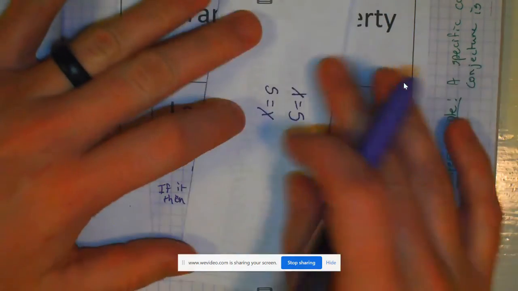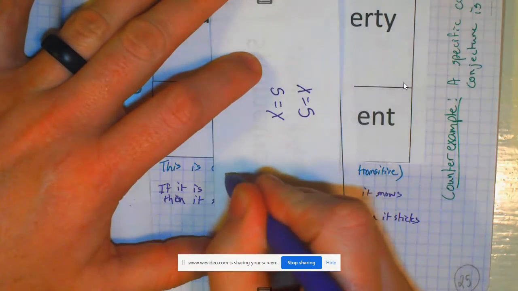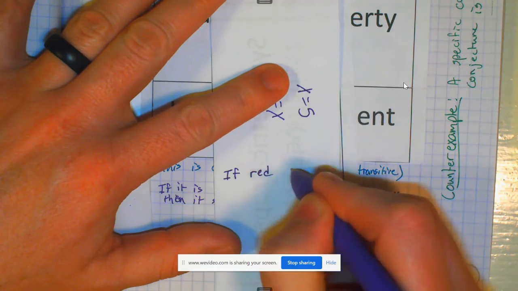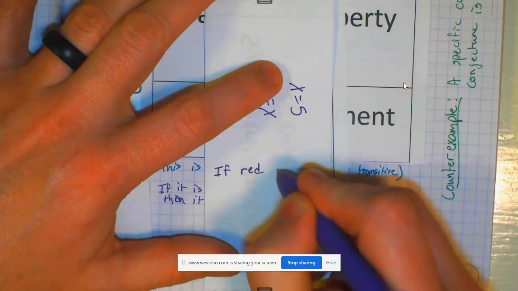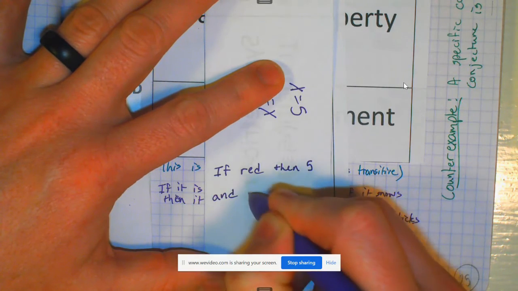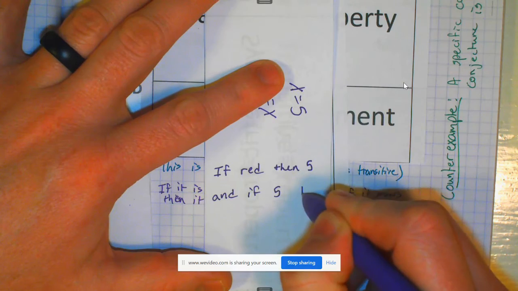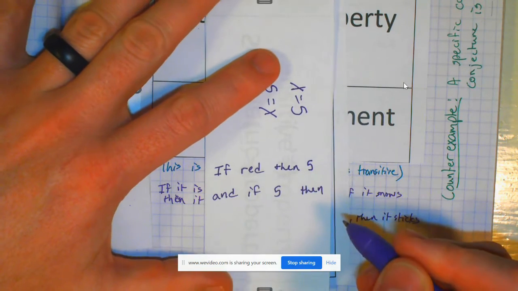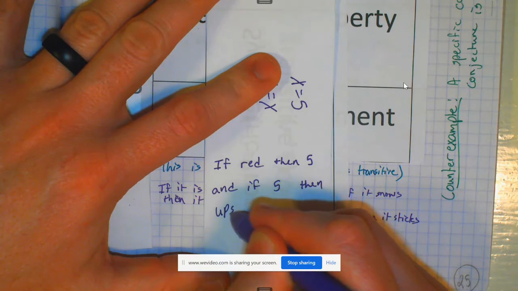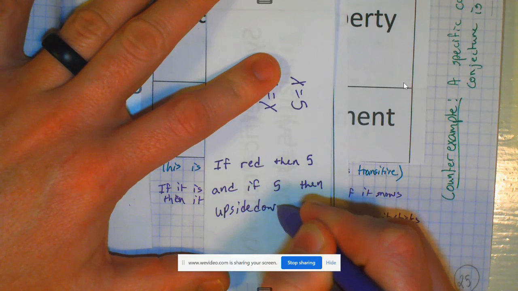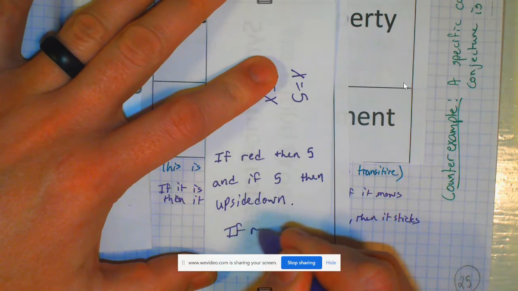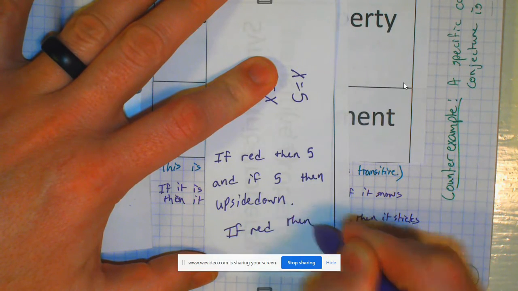Let's just say if red, then 5, and if 5, then upside down, then we can conclude if red, then upside down.